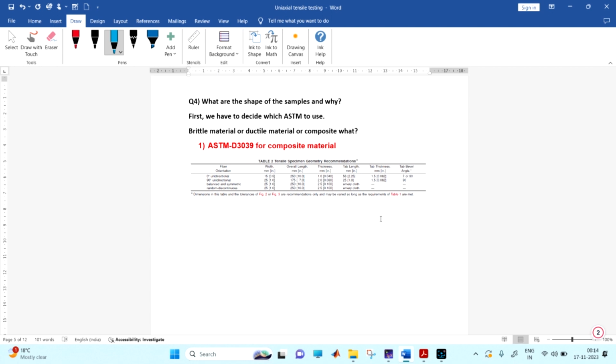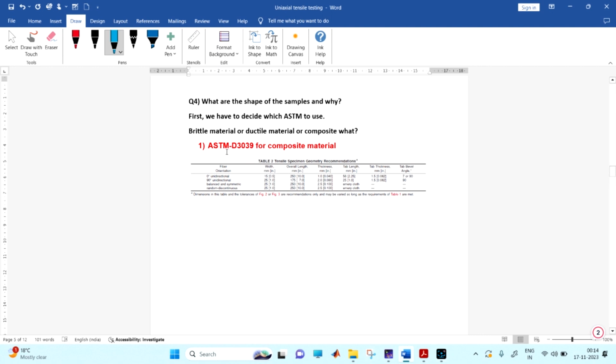The width and length, all things, are calculated by the ASTM with some specific considerations, for example whether stress concentration is generated there or not, or how it is failing within the gauge length. The ASTM takes care of all of that.